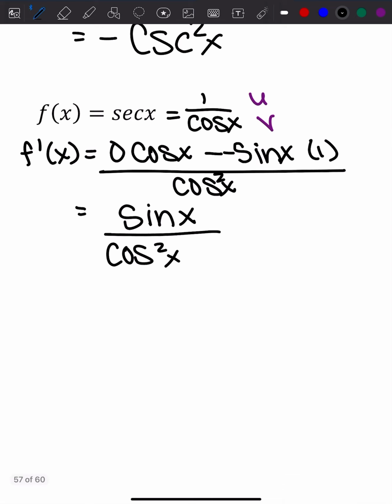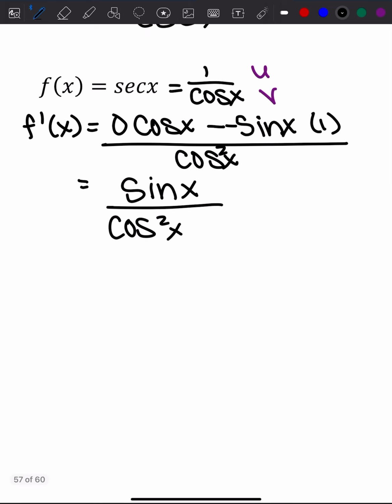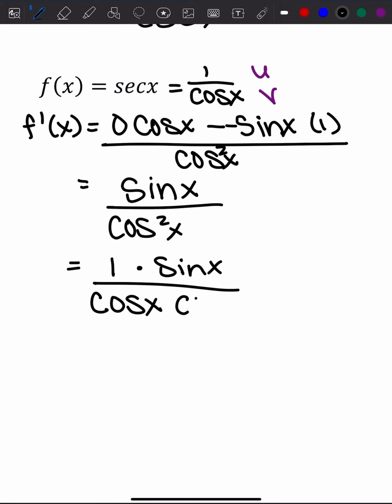So here is where, when we look at this, it doesn't really make sense how we get it, but the next thing that we are going to be doing is very specific so that we can get the answer that we want. So what I'm going to do is split up sine into 1 times sine of x, and split the denominator up to cosine of x times cosine of x.